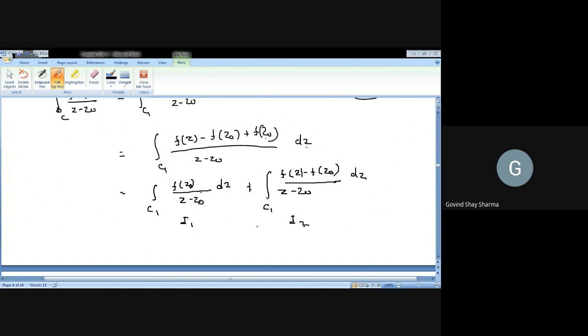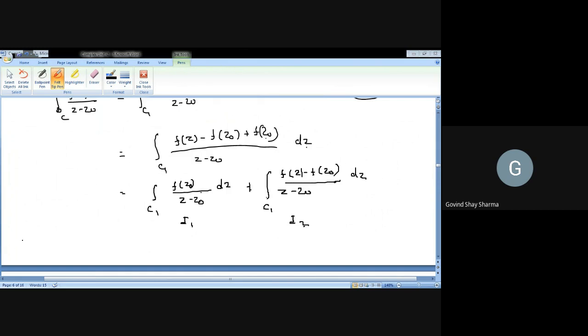Now we take I1 and I2 as the names of the integrals, so it is easy to find the I1 value separately and the I2 value separately and put them in this equation.